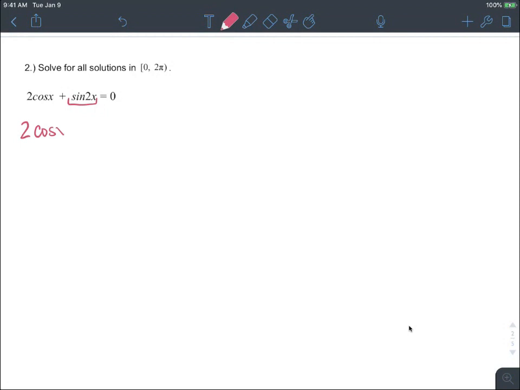So let's rewrite this. The sine of 2x is equal to 2 times the sine of x times the cosine of x. Okay, so I'm going to replace that here. So 2 times the sine of x cosine x equals 0.